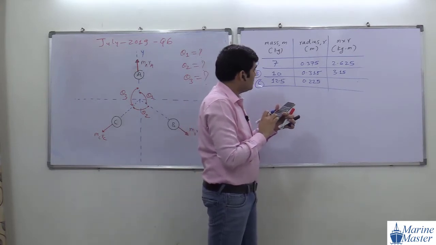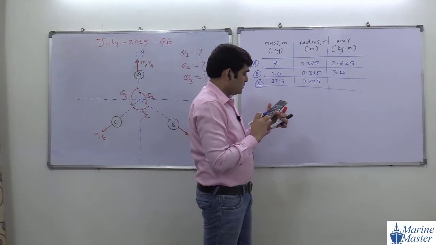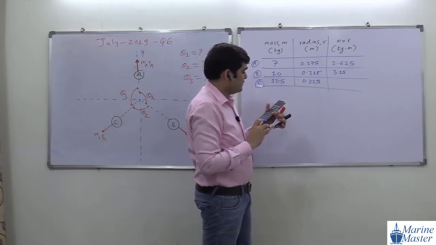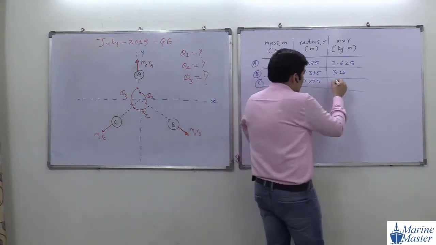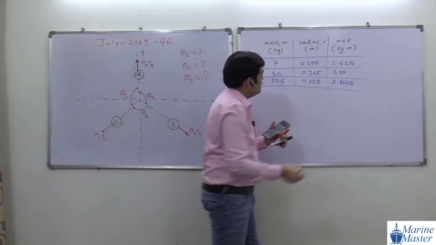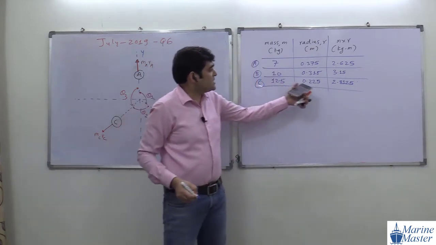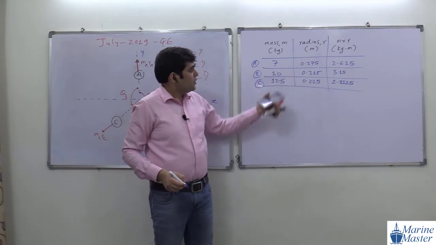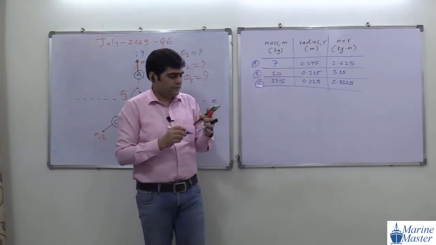How much? No, check it once again. 2.8125. Okay, good. Please check this value. Okay, please complete this table.